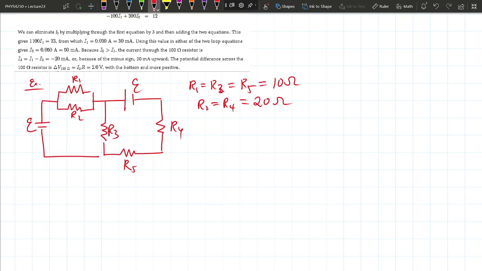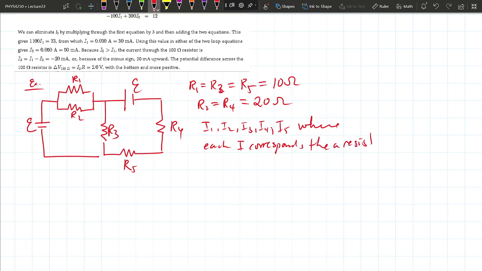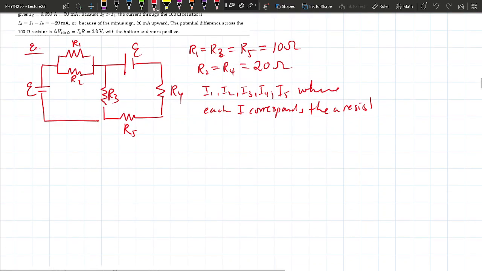So the idea is to find I1, I2, I3, I4, I5, where each I corresponds to a resistor, right? So I1 means the current going through resistor 1, I5 means the current going through resistor 5.